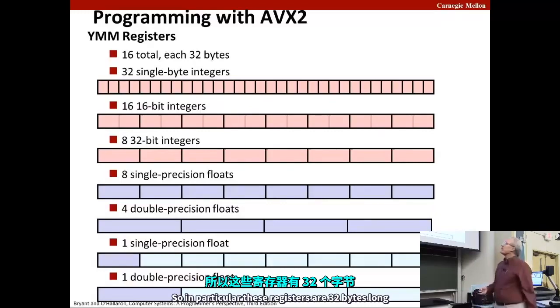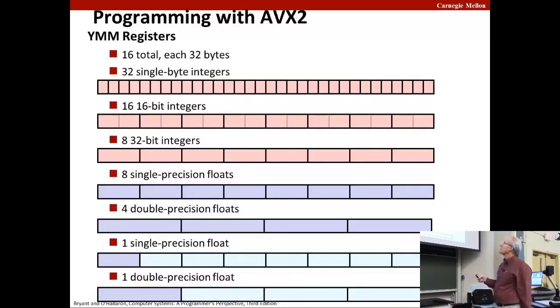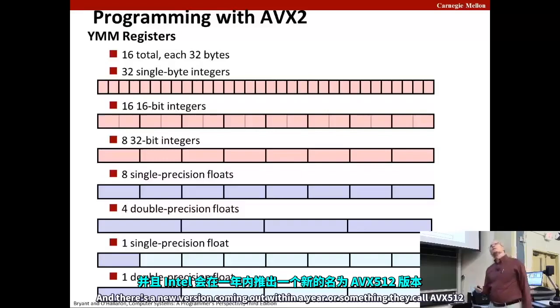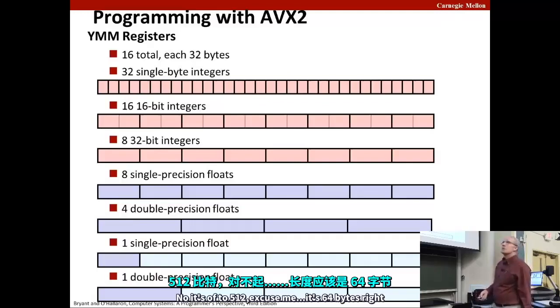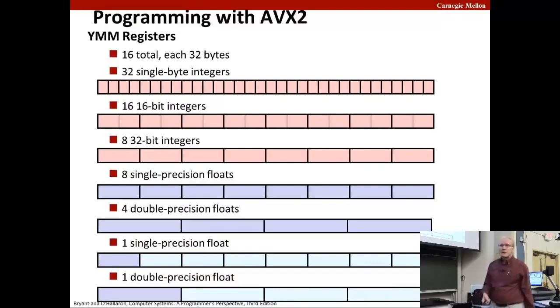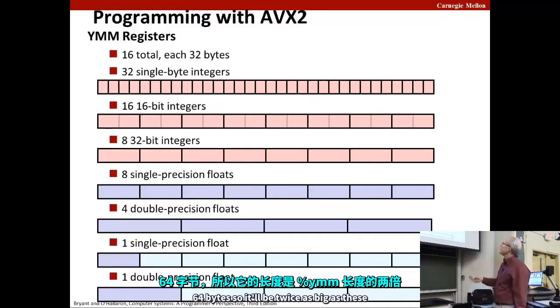In particular, these registers are 32 bytes long. And there's a new version coming out within a year or so. They call it AVX 512, where the register is 512 bits, so that's 64 bytes, so it'll be twice as big as these.